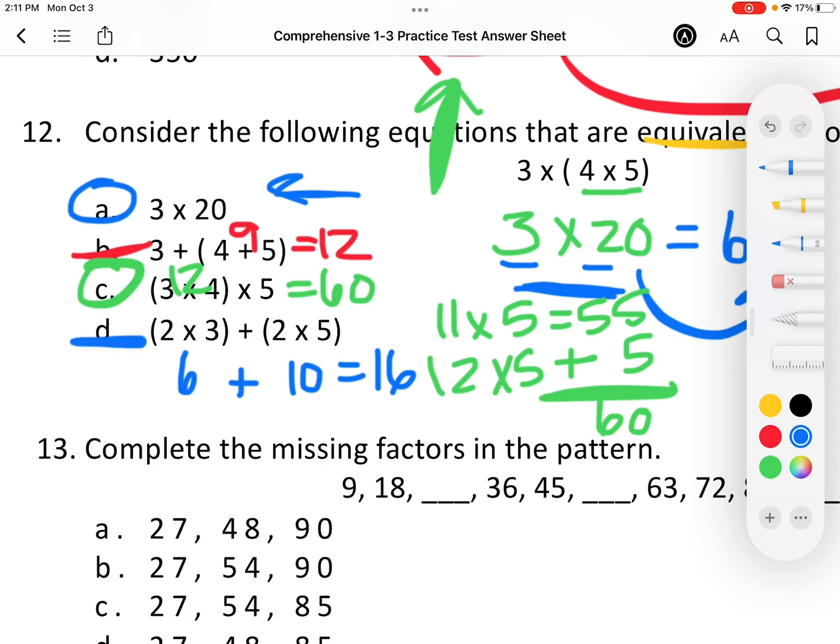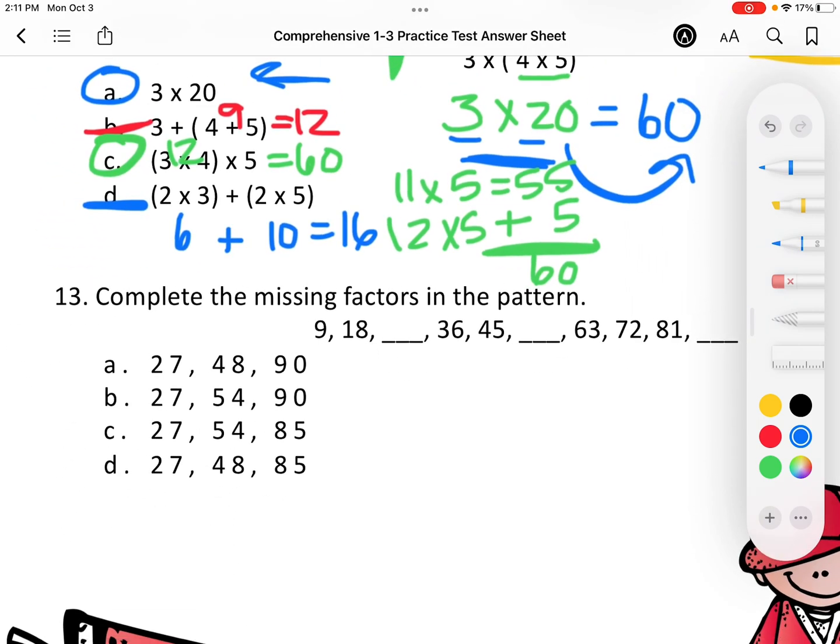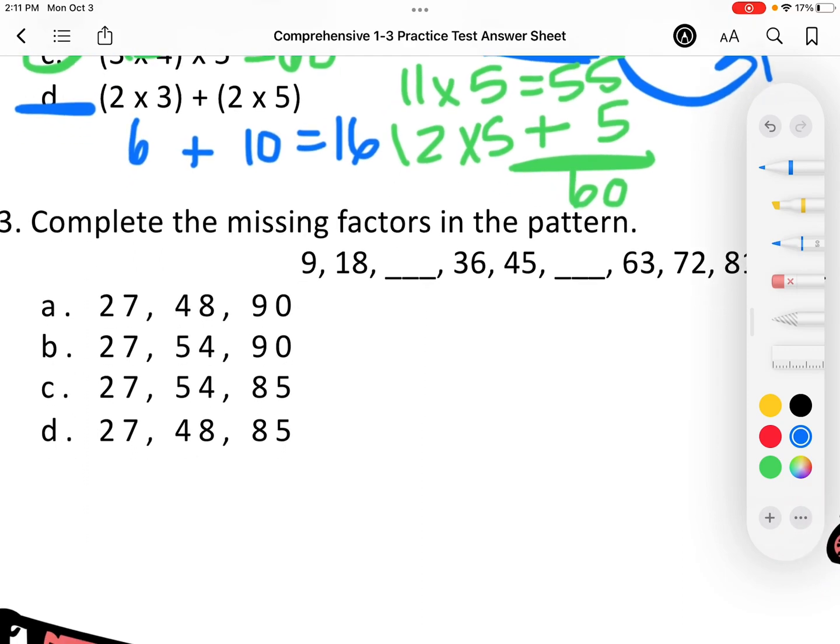Okay, and the very last one, this looks like our number patterns that we did earlier, and we worked on these in table groups day 2, but you have to know that it's factors and not add-ins.